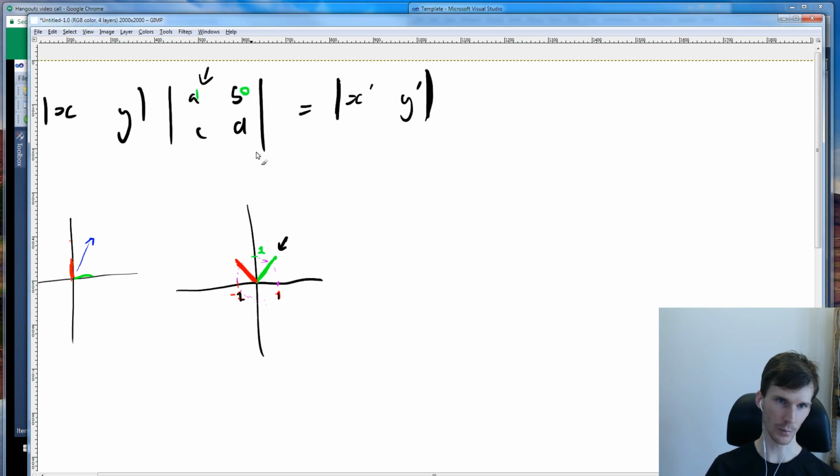Now we're going to make it 1, 1: 1 on the x-axis, 1 on the y-axis. And the y-axis, when we rotate it, was 0, 1 for the identity matrix, but now we're going to make it -1 on the x-axis and +1 on the y-axis. So this is going to be our rotation and slightly scaled matrix.